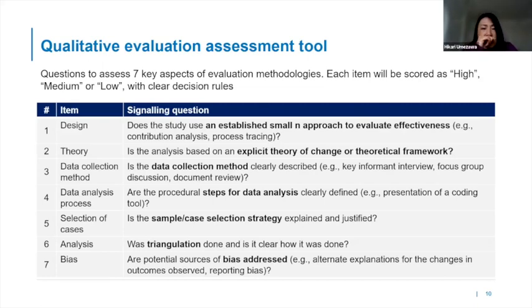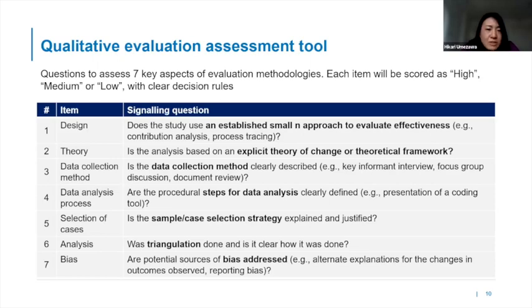The fourth one is about the data analysis process. So this is about whether the procedural steps for data analysis are clearly described. For example, whether the study includes presentation of a coding tool. The fifth one is selection of cases. So it asks whether the sample selection or case selection strategy is explained and justified.